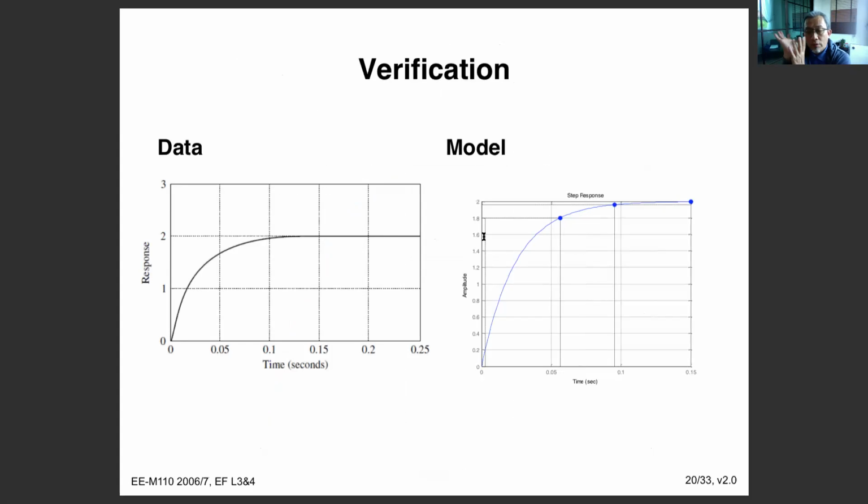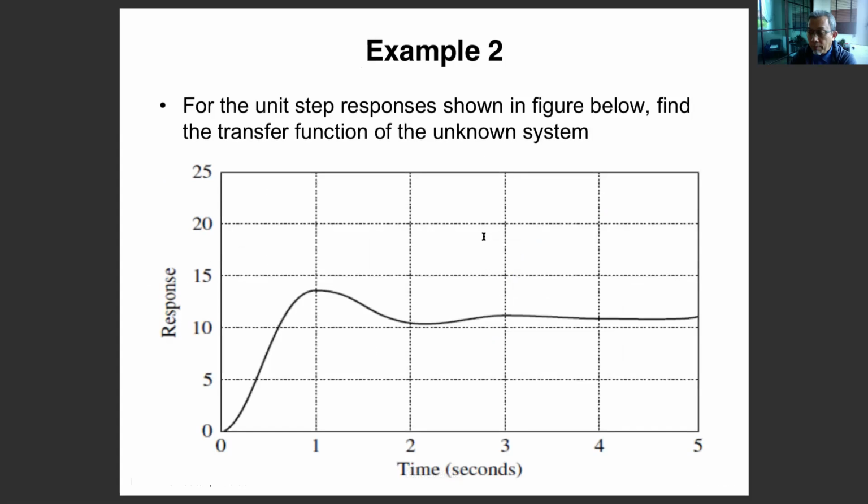It is good if you can plot both graphs in one plot so that you can see the difference. I will show you later in the next slides. So example 2 is a second order identification based on time response.